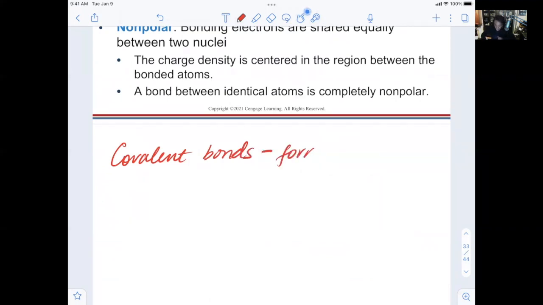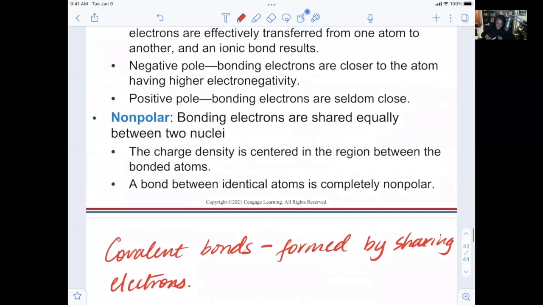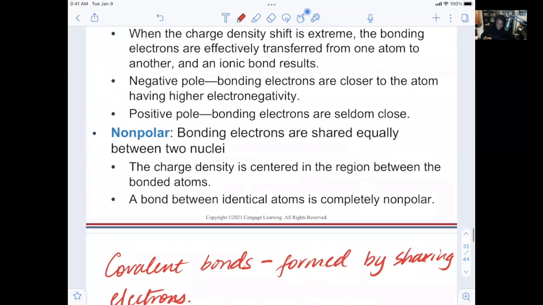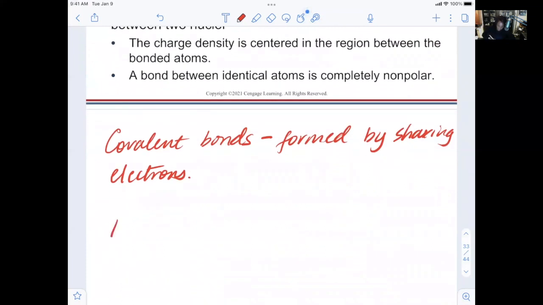These are formed by sharing electrons. Okay, so going back to this right here, we're told there's such a thing as polar and non-polar covalent bonds. So let me start with non-polar. Non-polar covalent bonds.